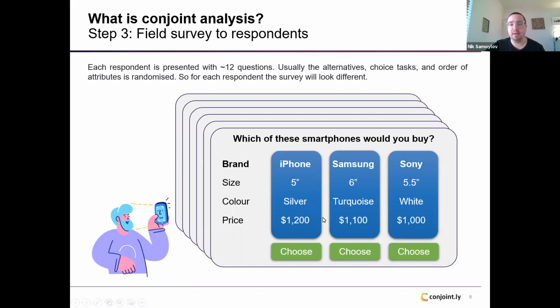So whether they are happy to go for a higher price if it has a certain color or if it has a certain size, and so on. And one important thing is that for every respondent, the choices and the order of choices, the order of alternatives, sometimes even the order of attributes is randomized. So for every respondent, the survey looks a little bit different. So it's not quite the same.